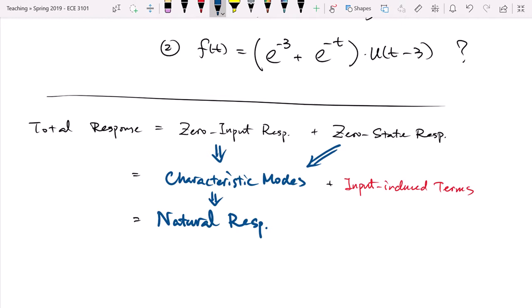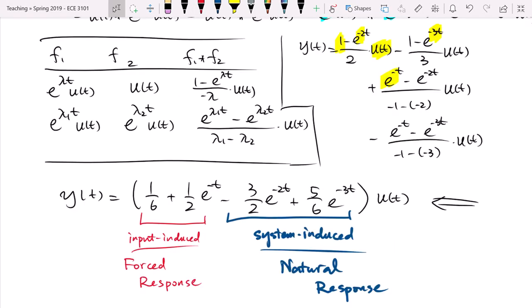And when we talk about the total response, same notation. The characteristic response, the characteristic modes, and the input induced ones will give us the ones called the forced response.